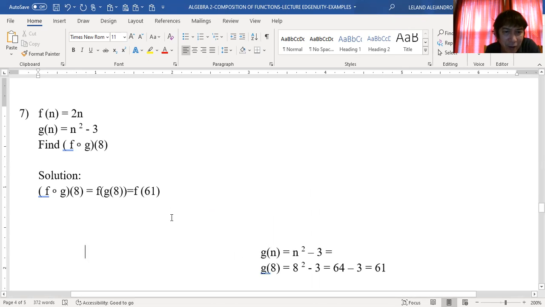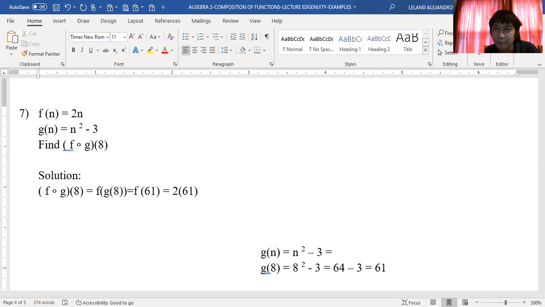Now f of 61, that means this n here in the f function will now be occupied by 61. So that means we have 2 times 61 there.